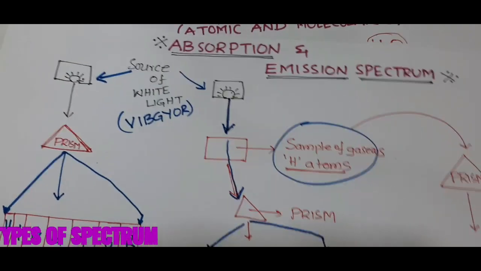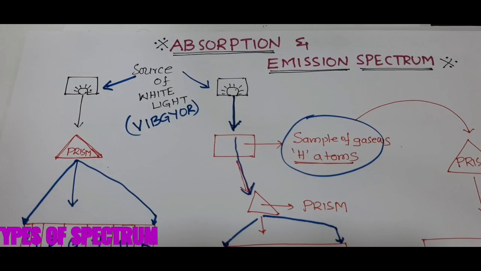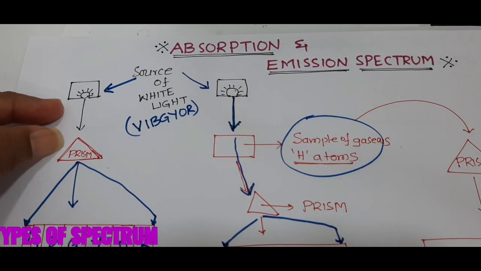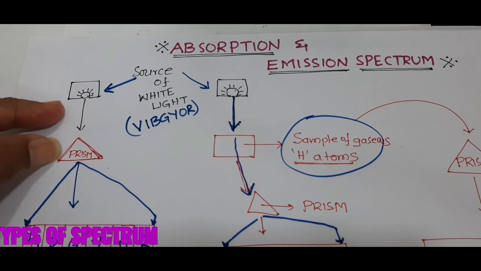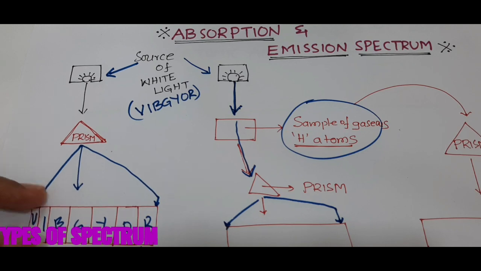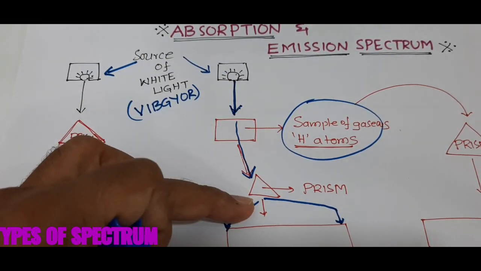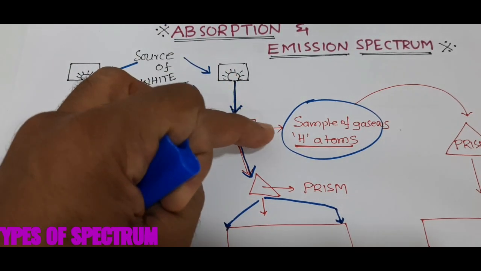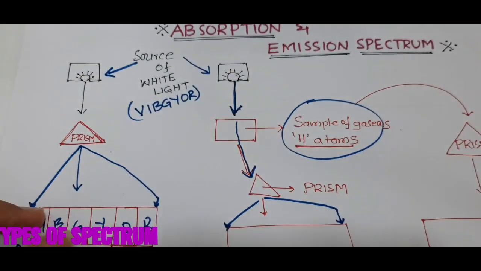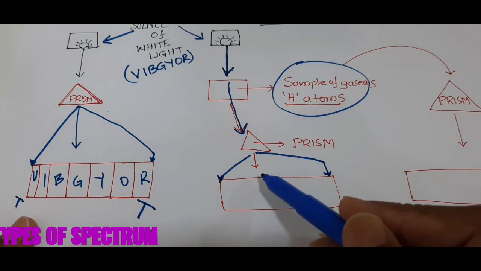For explaining the absorption and emission spectrum, I am taking white light from the source and it is subjected to dispersion by passing through the prism, and I am getting this type of spectrum. Same light now I am passing through the prism. Before entering the prism, this light will travel through a sample of gaseous hydrogen atoms and then be subjected to dispersion.